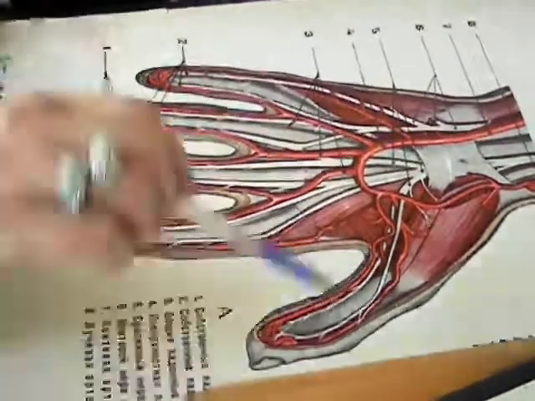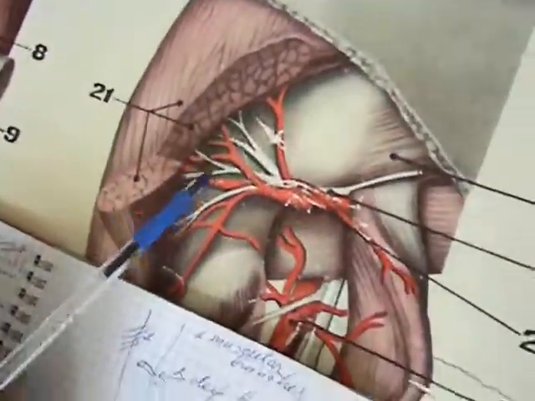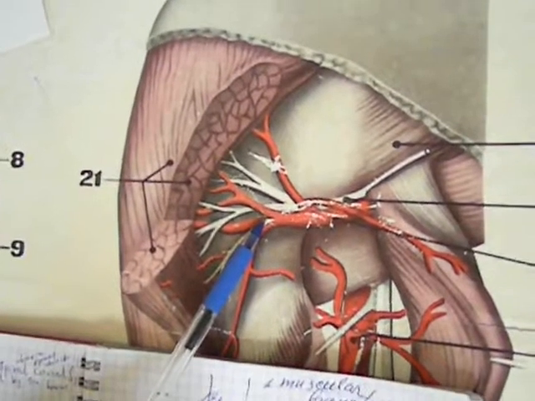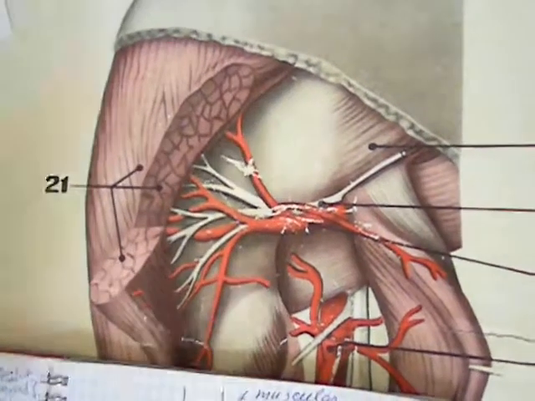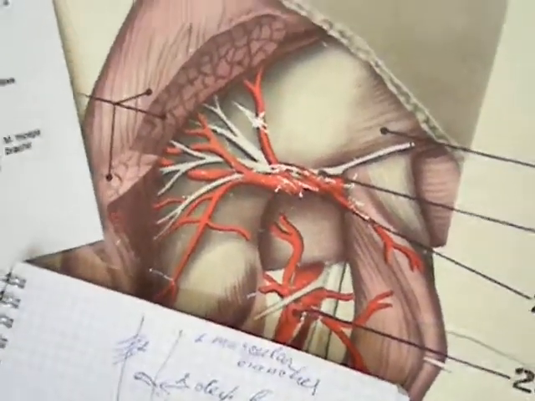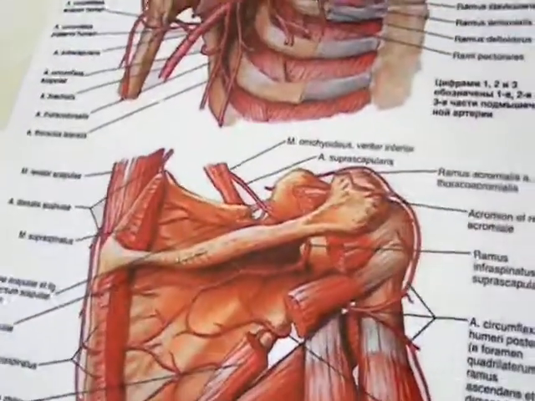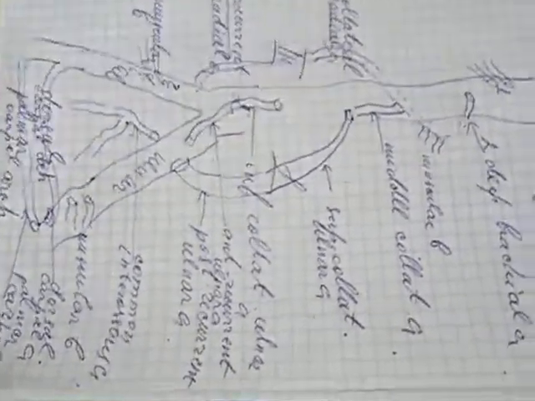You understand? If the question is arteries of the shoulder joint, you tell: the arch of the shoulder joint is formed by two arteries, anterior circumflex humeral artery and posterior, branches of the axillary artery in the subpectoral triangle. If the question is arteries of the elbow joint, three anastomoses. Arteries of the radiocarpal joint, two arches.